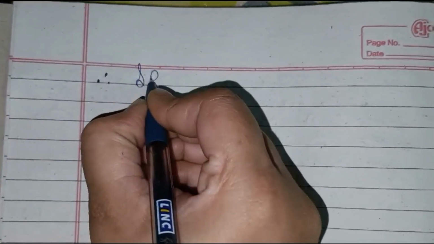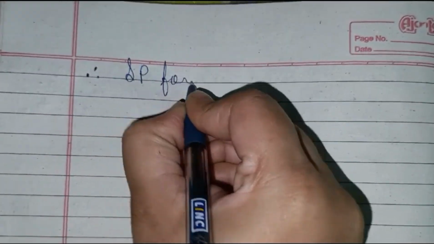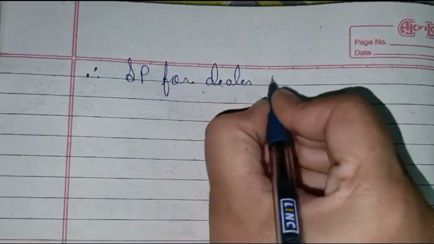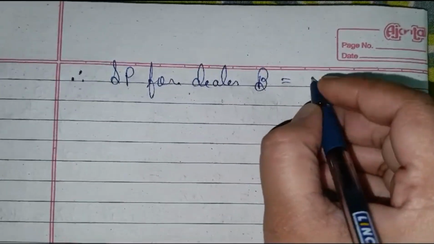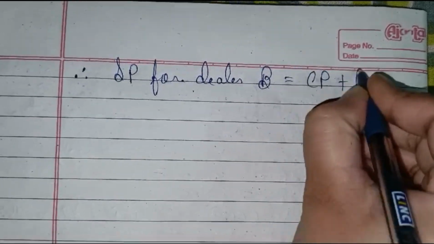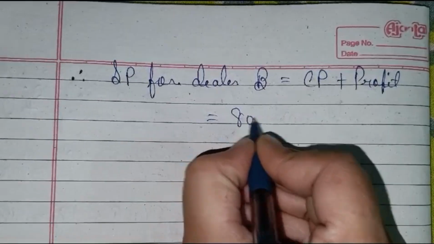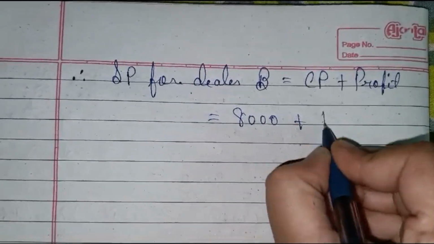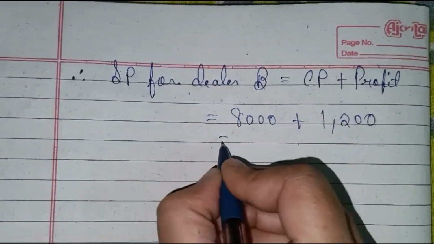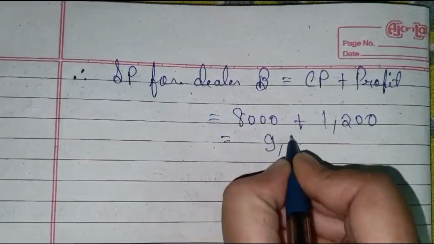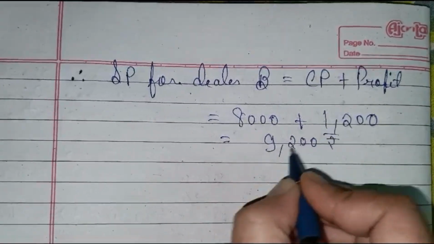Therefore selling price for dealer B equal to cost price plus profit, that is equal to 8,000 plus 1,200, that is equal to 9,200 rupees.